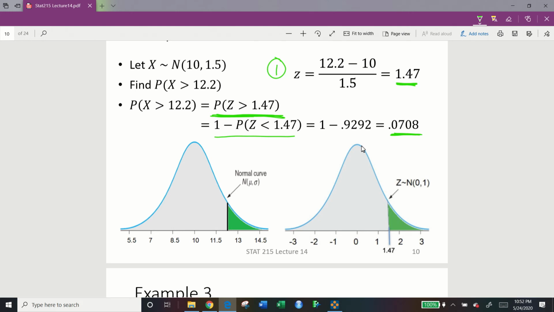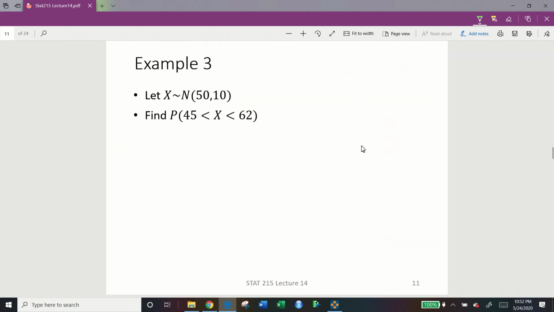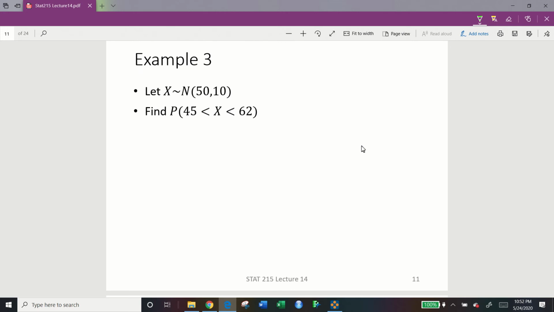Okay, now let's take a look at a third example. Let x follow the normal distribution with mean 50 and standard deviation of 10. In this case, we want to find the probability that 45 is less than x is less than 62. This is going to require us to find two z-scores.